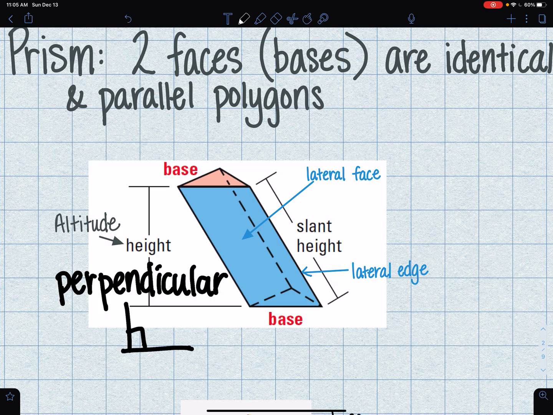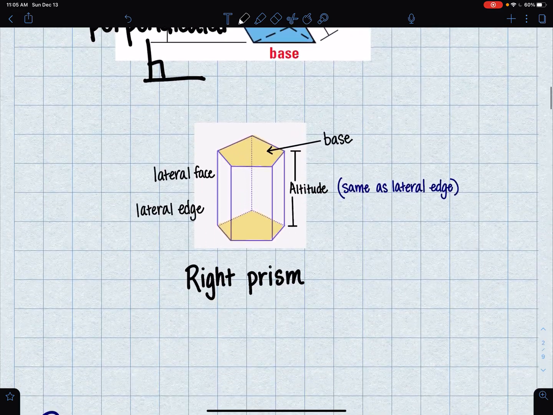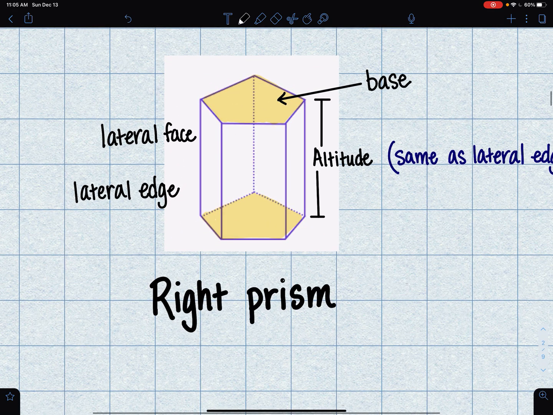Okay, so now let's look at this one. This is a special type of prism, and it's called a right prism. And a right prism means that these lateral edges right here, all of them are perfectly at right angles to the base. I think you can see that. That is a right angle, and they're all going to be a right angle to the base.